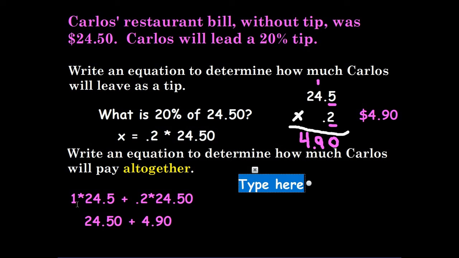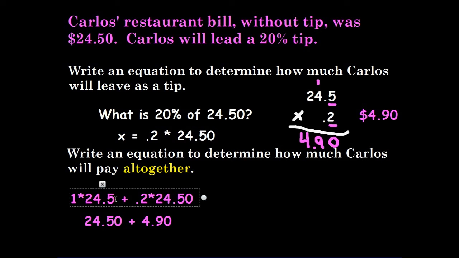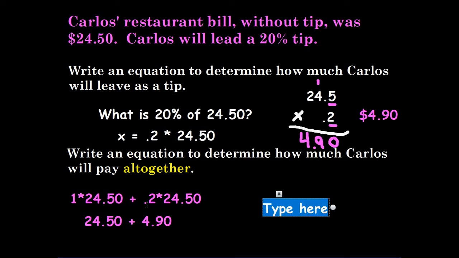So I want to look at, this is 100% and 20%, and it's of the same amount, this $24.50, $24.50. And yes, I know I didn't put my 0 in here, but it would still have been the same amount. So I could go ahead and take out this $24.50.